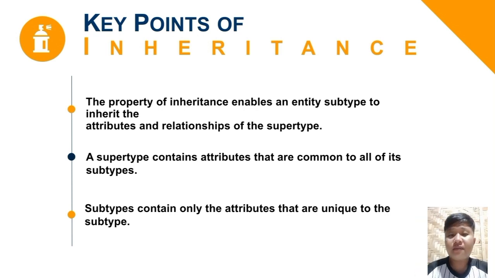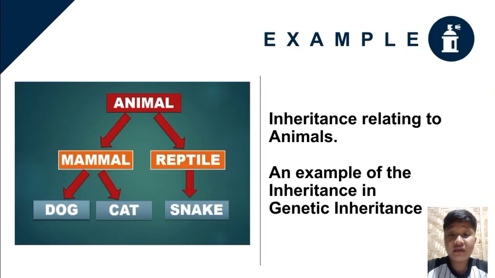This image is about the concept of inheritance in animals, which means how different types of animals share some common characteristics from their ancestors. For example, dogs and cats are both mammals, which means they have warm blood and produce milk for their young. Snakes are reptiles, which means they have scales and lay eggs.